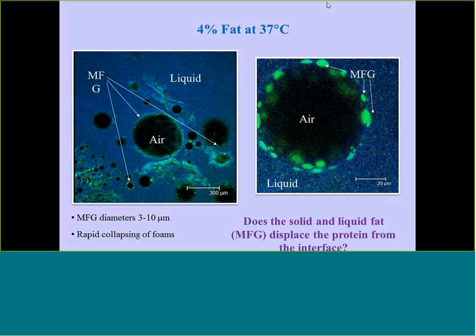Now, this is actually a milk foam at 37 degrees. 37 degrees is a relatively low temperature. You can have some fat which is in the solid phase. Fat starts melting at about 20, 25, 26, and then by 40, most of the fat is in a liquid state. But you have some fat in the solid state.